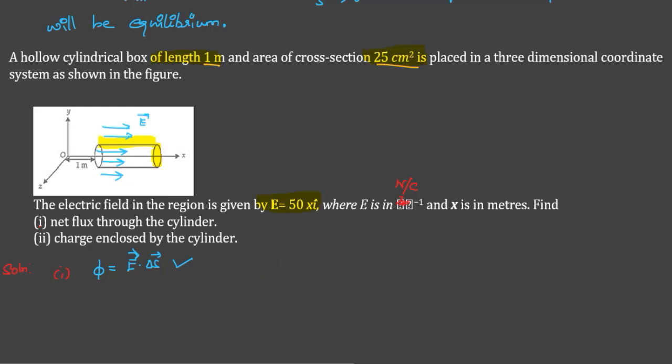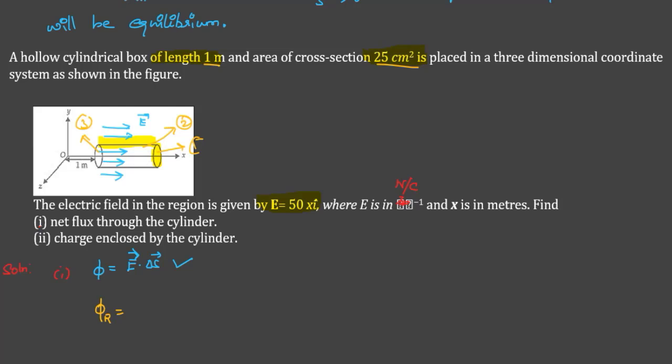So first we need to calculate the net flux they are asking. Based on the cylindrical part we can take three areas: this is the first area, then the curved surface is the second area, then this will be the third area.